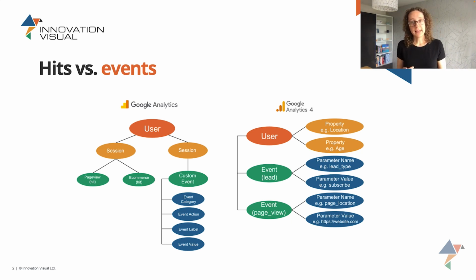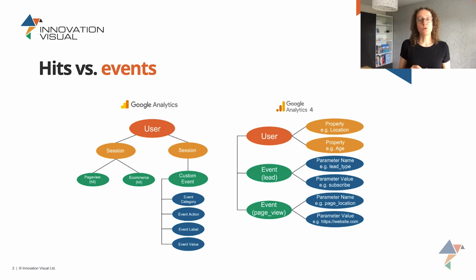With some of these hits, it might also send what we call events, and these events will have specific parameters. They usually have 4: a category, for example, it could be a form; an action, it could be submit; a label, it could be the name of the form; and then a value. If you know that this form submission is worth £10, you could add a £10 value.